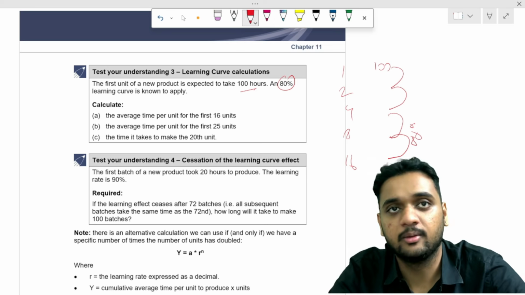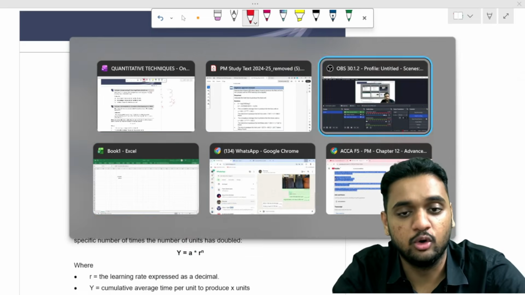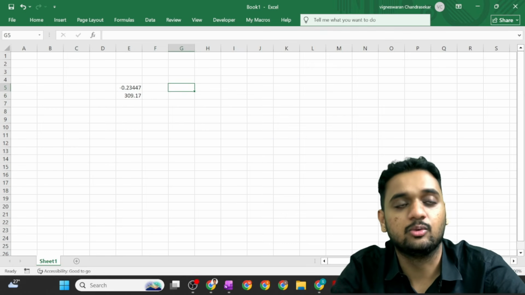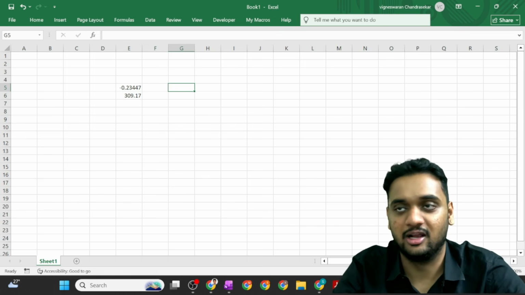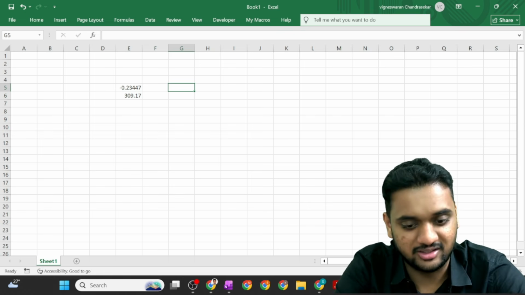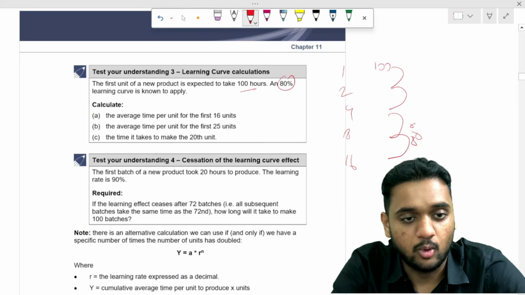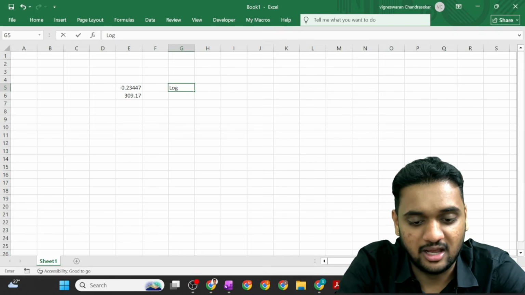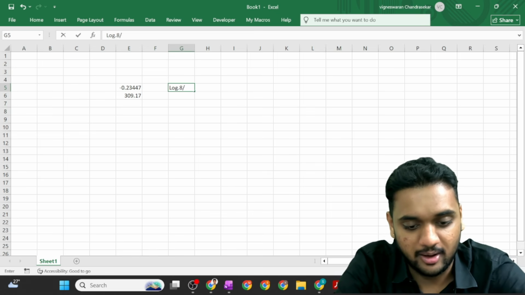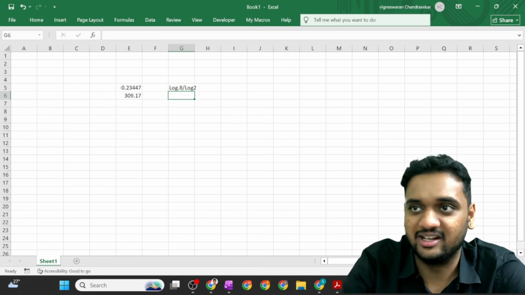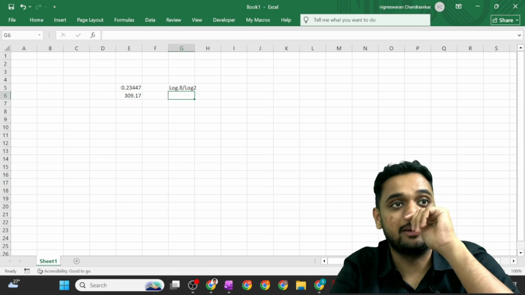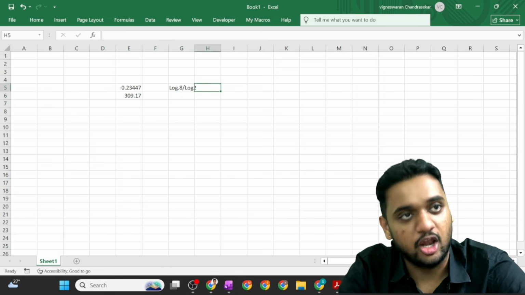What is the other way of doing? Formula. First, what I suggest in a formula is, don't write equal to, first write log 0.8 divided by log 2. Don't write equal to. Just write that, so that the examiner knows. Find log separately.